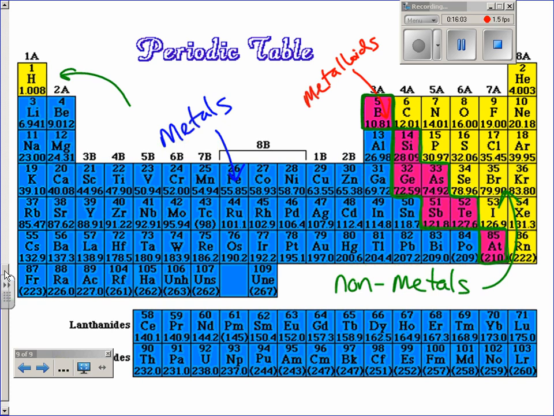Turn to page 155, please, and spend a few minutes looking at the diagram there at the top that shows you the three different categories: metals, nonmetals, and semiconductors. They're also called metalloids, semiconductors, or semimetals. So there are several different ways in which they describe these metalloids.